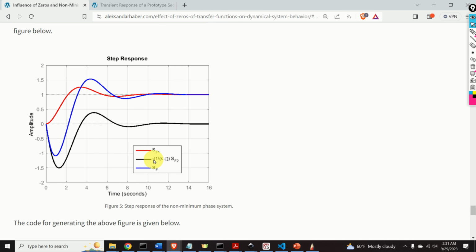And due to this negative term, we will have this very big undershoot, that is, the overshoot in negative direction. And once we add the red line and the black line, we will obtain the blue line, and we can see this undershoot. And this undershoot can create devastating effects in real life.